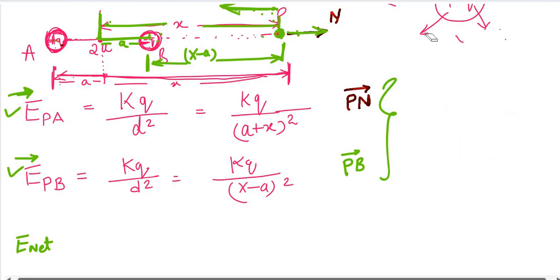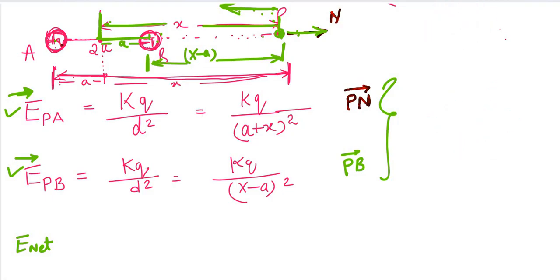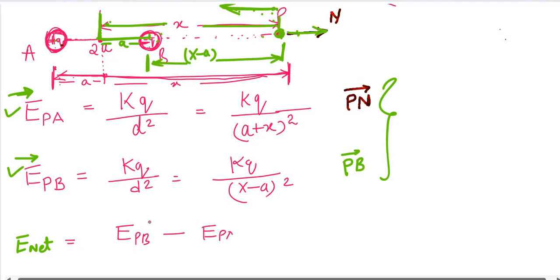If two vectors are in opposite directions, we are supposed to subtract. So I will subtract: EPB minus EPA. Why am I subtracting EPB minus EPA? Because I feel EPB is more than EPA.